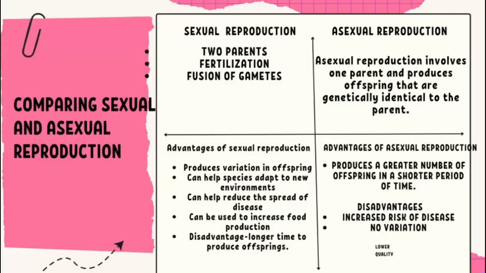So now just a quick comparison. For sexual reproduction, we know we need both parents, fertilization has to take place, and fusion of gametes has to take place. Asexual reproduction, we don't need two parents, we just need one, right? And then offspring produced in asexual reproduction are genetically identical to the parent.